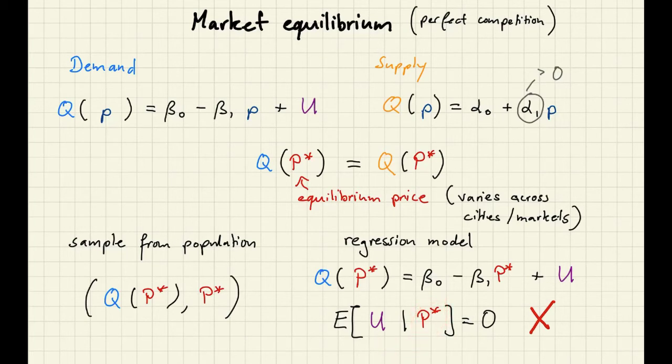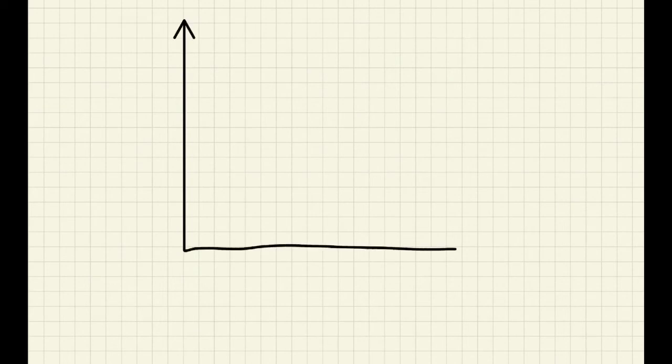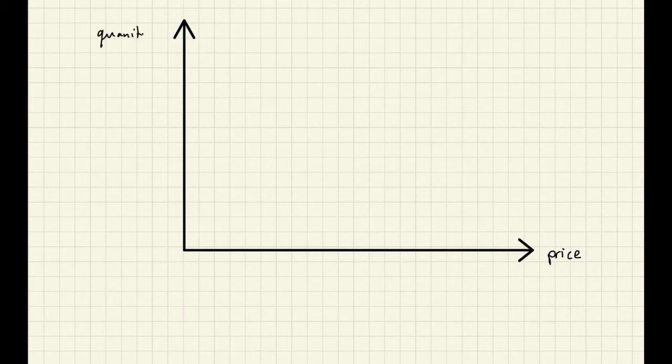A nice way to see that is to look at a diagram that shows how demand and supply balance. We put price on the horizontal axis and quantity on the vertical axis. The demand curve is downward sloping like this.